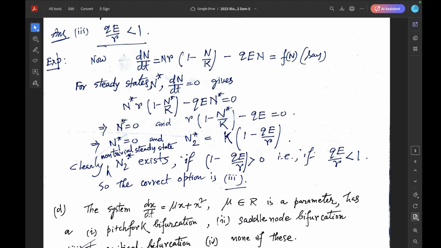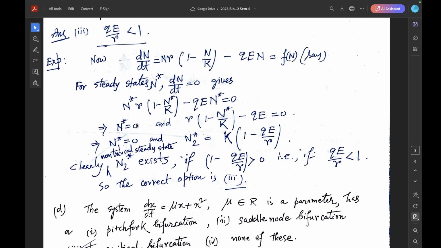Taking n star common, we get n star times (r (1 minus n star by k) minus q e). So either n star equals 0, or r (1 minus n star by k) minus q e equals 0.